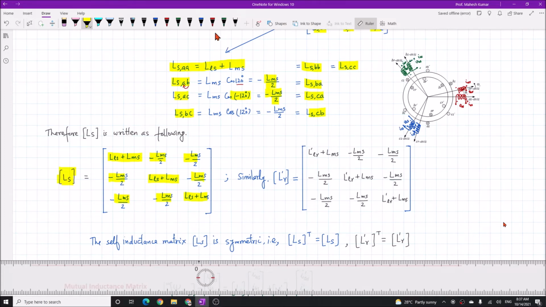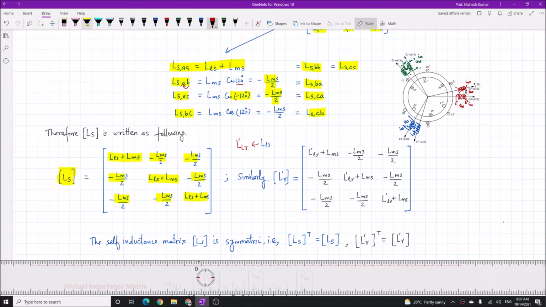In a similar way, we can write the equation for LR dash. We just replace LS with LR dash, and the rest of the parameters are the same.